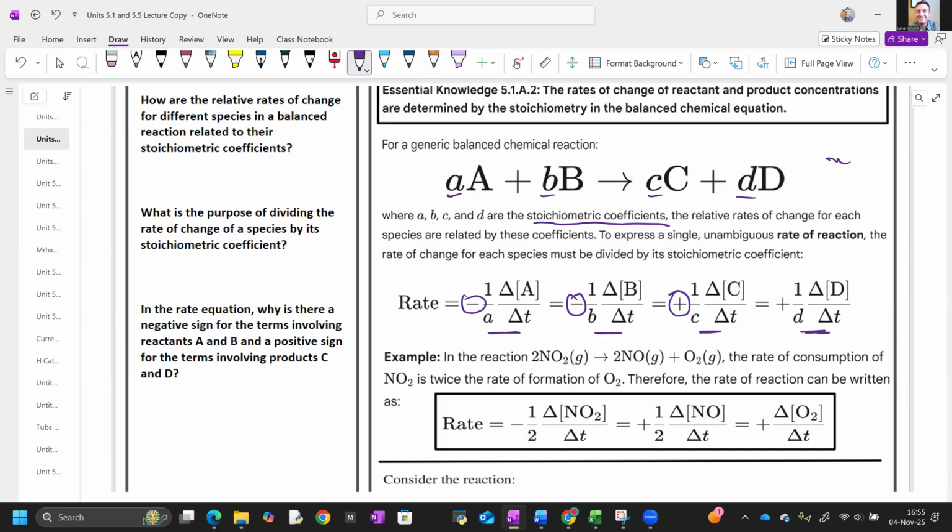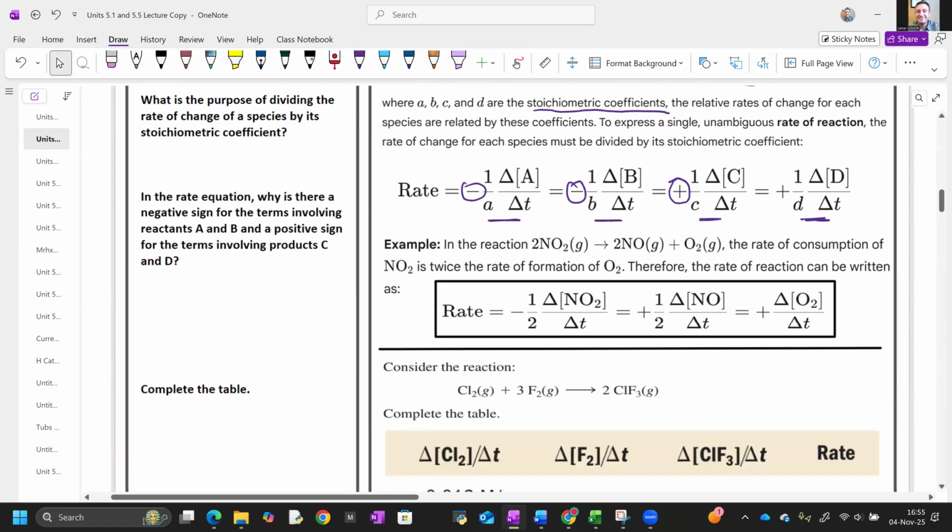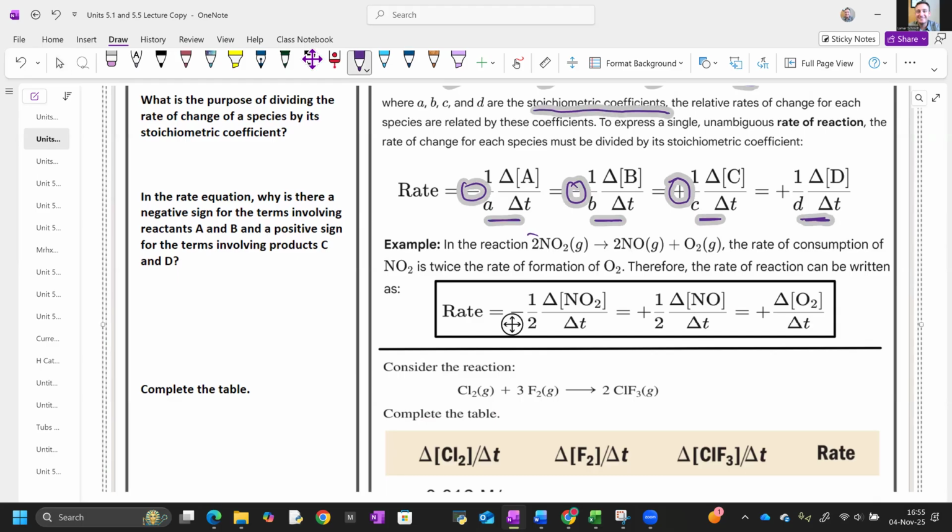Now, what does this look like in an actual equation? When we look at an actual equation, as we see in this example with the NO2, we notice that it has a coefficient of 2. And so we took the inverse of that and we said, oh, that's 1/2. All right, so we multiply our rate expression. The rate expression is the change in concentration of NO2 with the change in time.